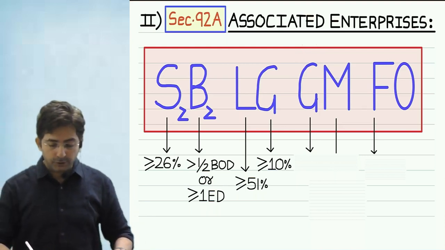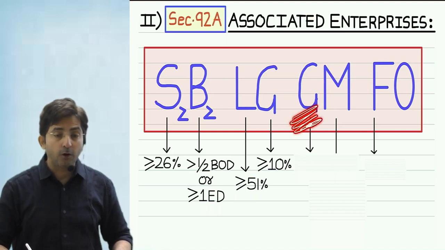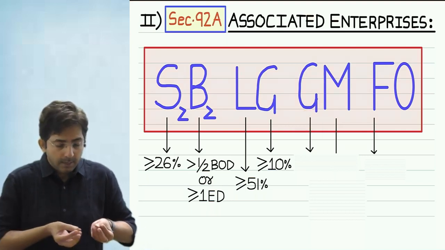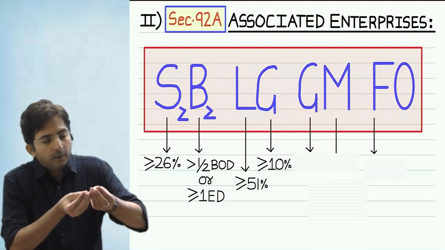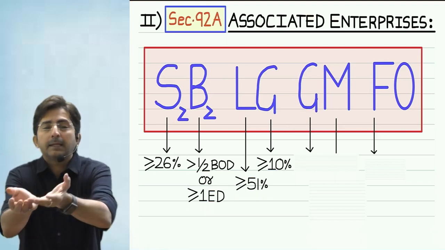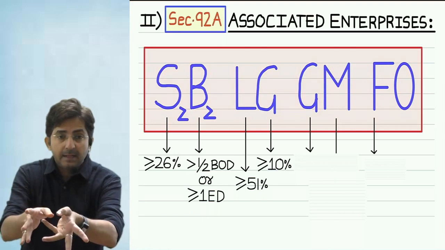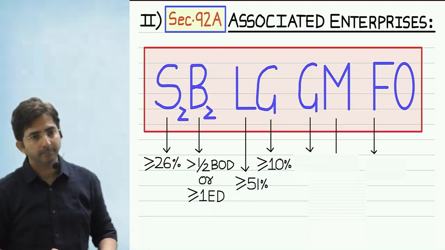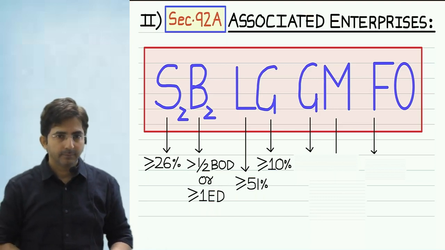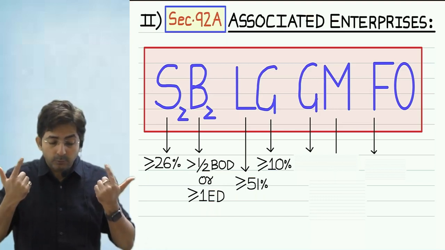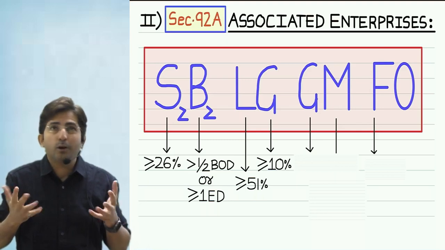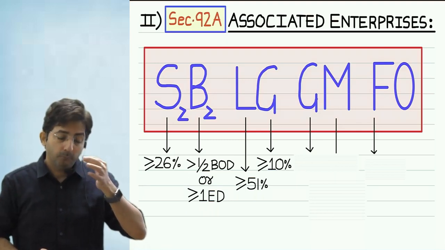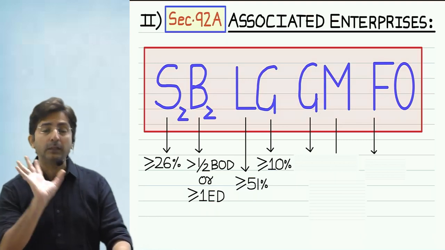G for goods manufactured. Goods manufactured by one enterprise are sold to another enterprise, and the price etc. is influenced by another enterprise. Didn't I say that by listening to the sentence you will not feel some control or association? With the example only you will actually feel this point.